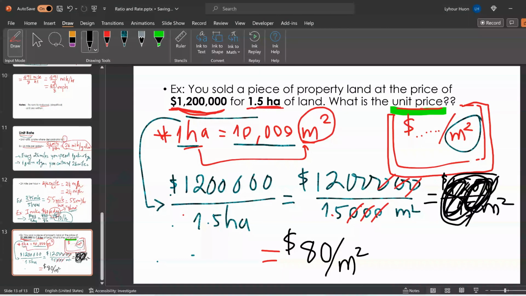Here is dollar, and this denominator is meter square. So we write it as $80 per meter square.